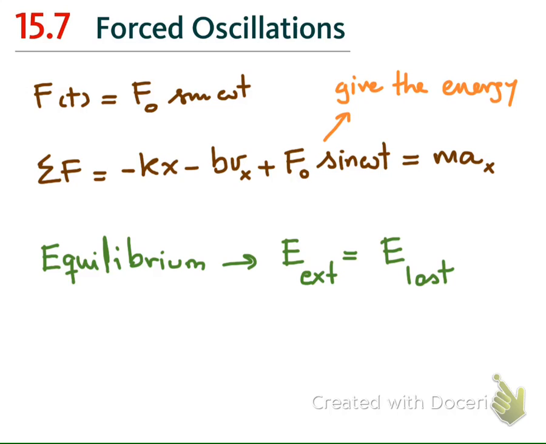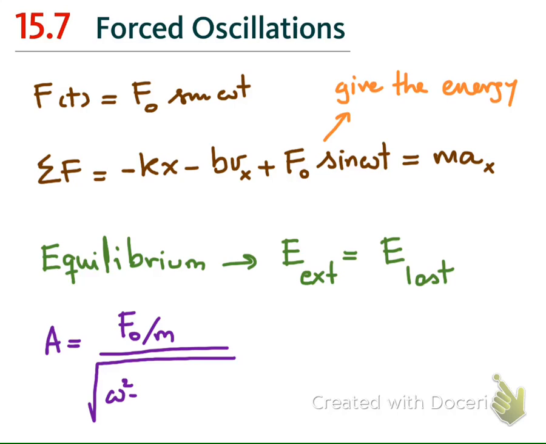It can be shown that the amplitude of the oscillation in the equilibrium oscillation is given by this expression: A is equal to F0 over M, over the square root of omega squared minus the natural angular frequency omega 0 squared, squared, plus B omega over M, squared.